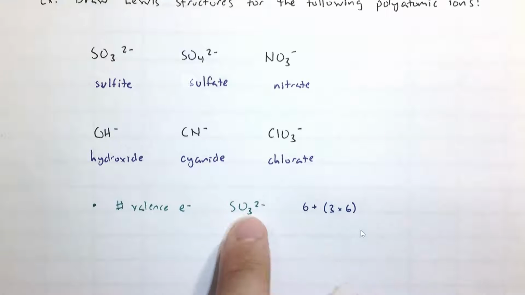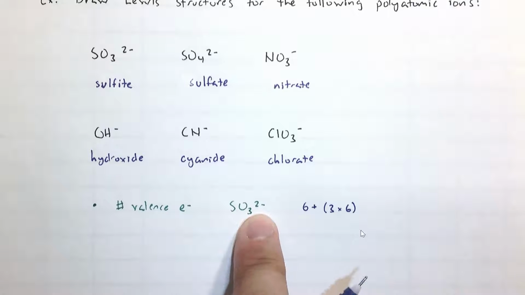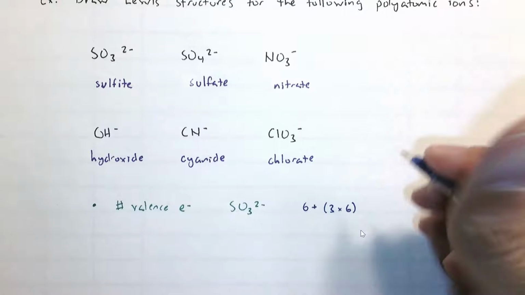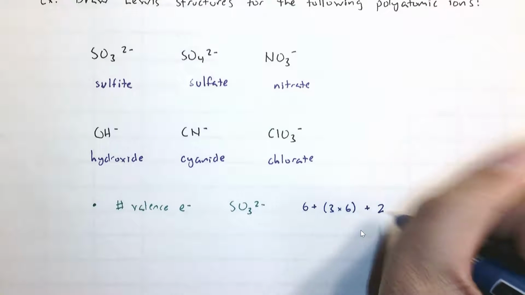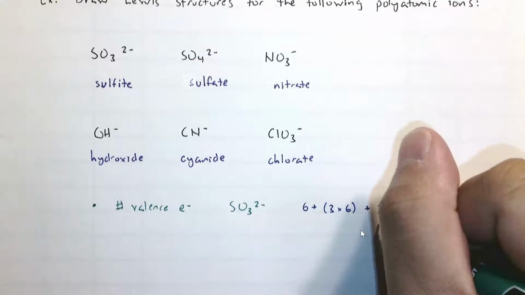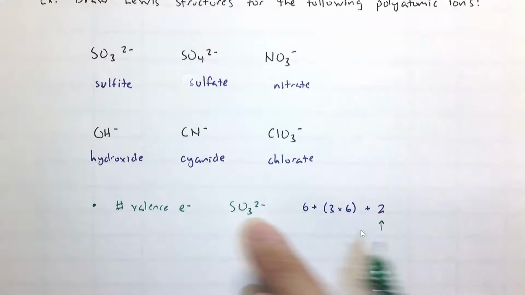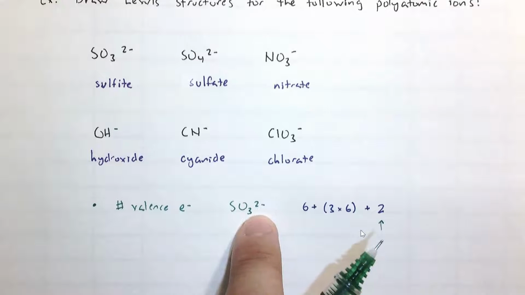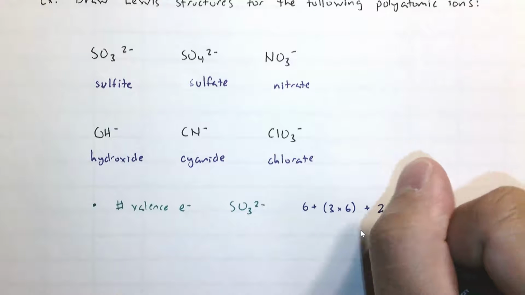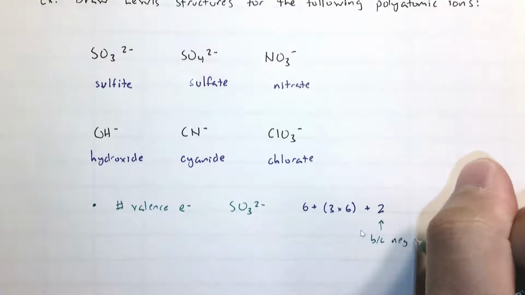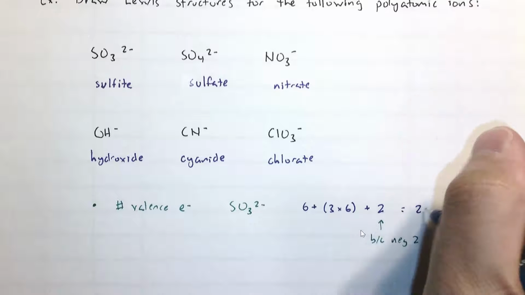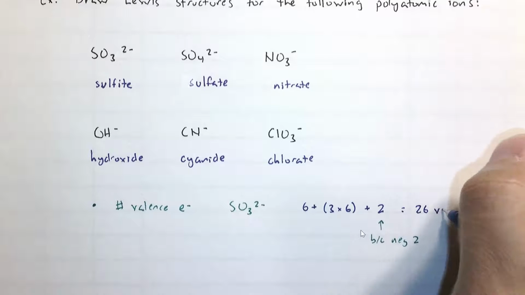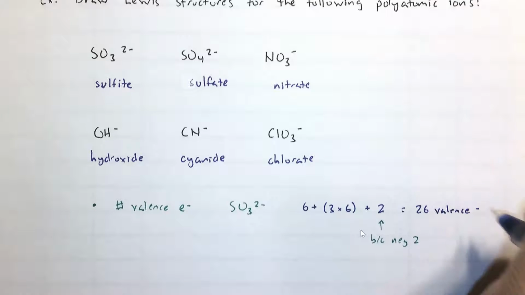But you also have to add 2 more electrons because it's a -2 charge, or a 2 negative charge. So this is plus 2. That added term is for the added electrons to make it a -2 charge. So instead of having 24 valence electrons, you have 26 valence electrons.